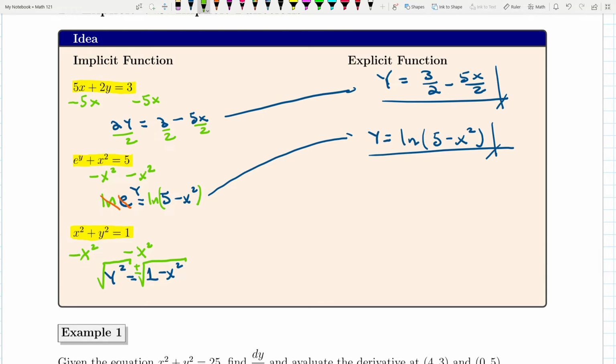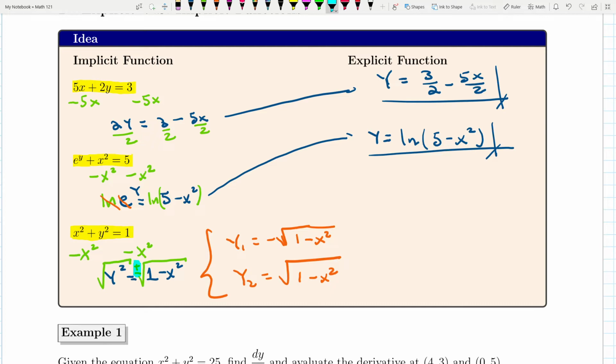We would have y1 equals the negative square root of 1 minus x squared and y2 equals the positive square root of 1 minus x squared. So we have essentially two different outputs for the same input, and because of this plus or minus, that's an issue. For that reason, we cannot express the equation of a circle in explicit form, so we'll leave it in implicit form.